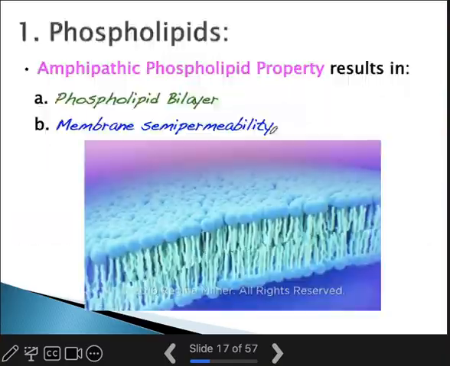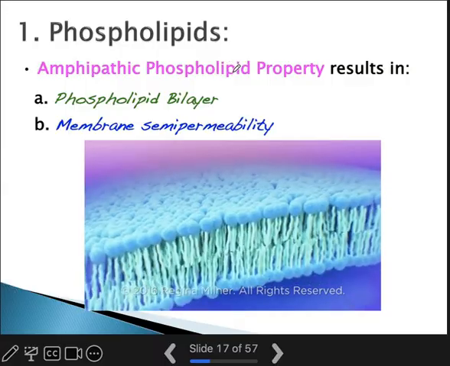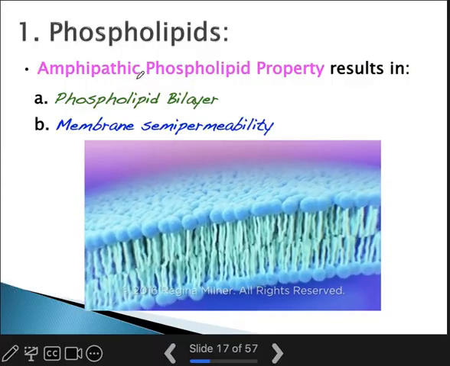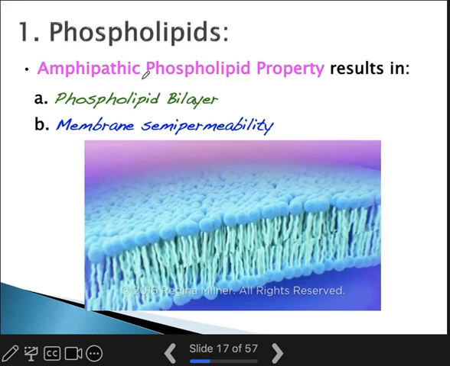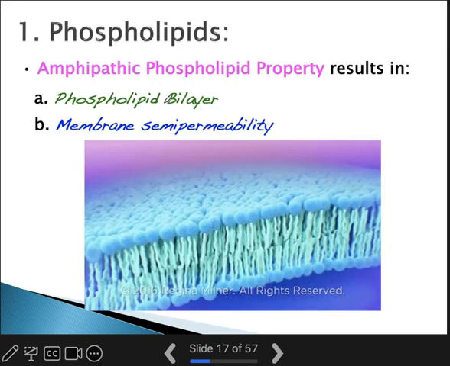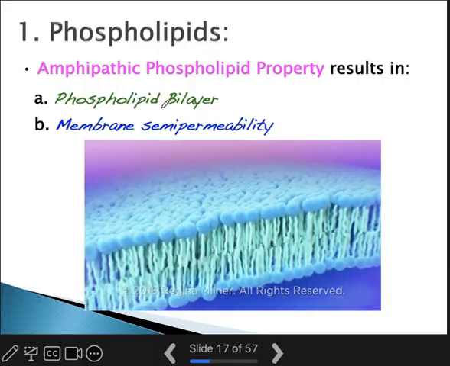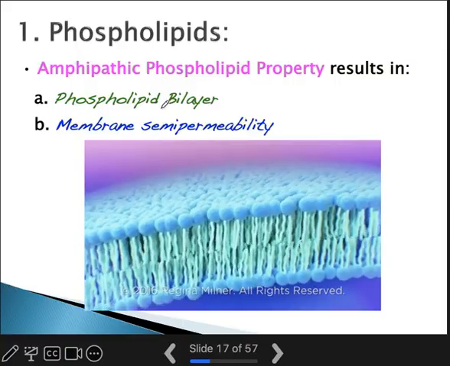So we're going to start off looking at the primary component, which of course are phospholipids. Remember, your phospholipids have this amphipathic nature. That means that they will naturally form a phospholipid bilayer if they're put in a water solution. Remember, water is the number one primary solvent of all living systems.